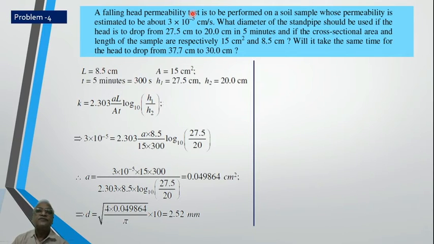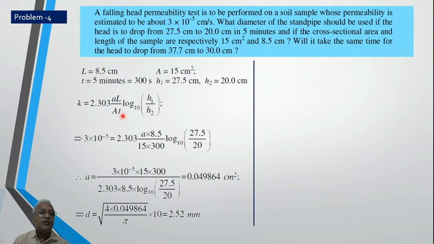The length is given 8.5 centimeter, cross-sectional area is 15 centimeter square, time to fall 5 minutes, H1 is 27.5, H2 is 20 centimeters, so k equal 2.303 aL by At log to the base 10 H1 by H2. Substitute.